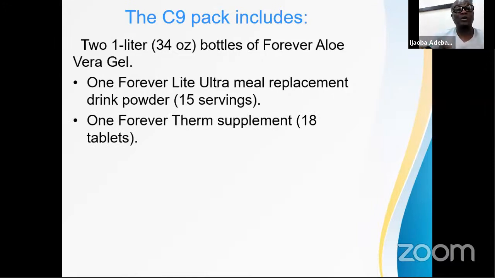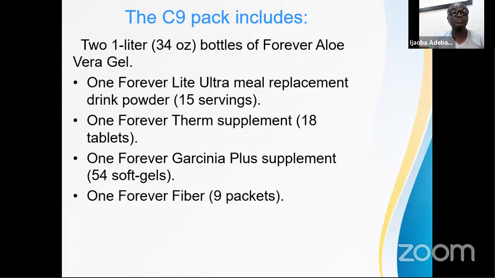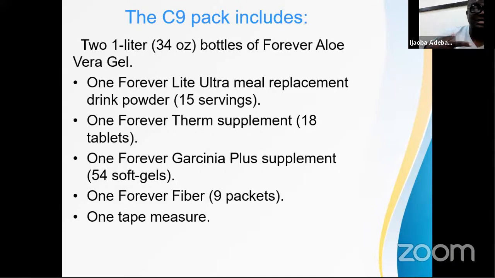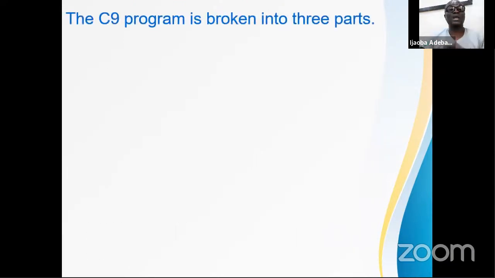Again, 1 Forever Therm supplement, about 18 tablets. We have 1 Forever Garcinia Plus, about 54 soft gels. We have 1 Forever Fiber pack, about 9 packs. Then we have our measuring tape to measure and see the way you are progressing. Then information booklets.